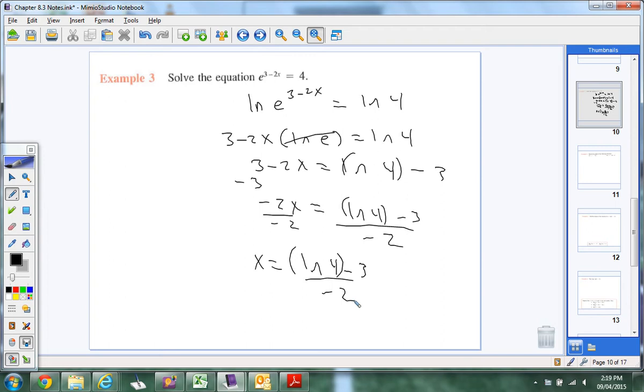Look at what we know about logs, and you say that e to the power of 4 equals 3 minus 2x. No, it wouldn't be, no. Because I see what you're saying. You mean from the beginning. So you want to write it.